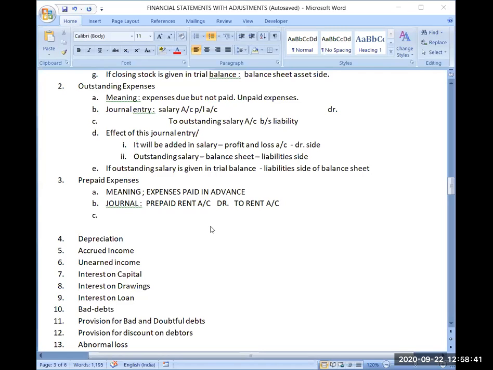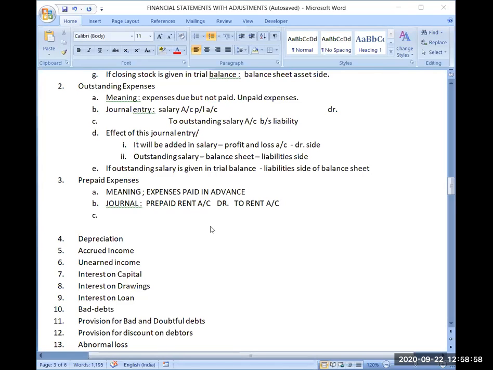So a personal account, where will you write it? In the balance sheet.